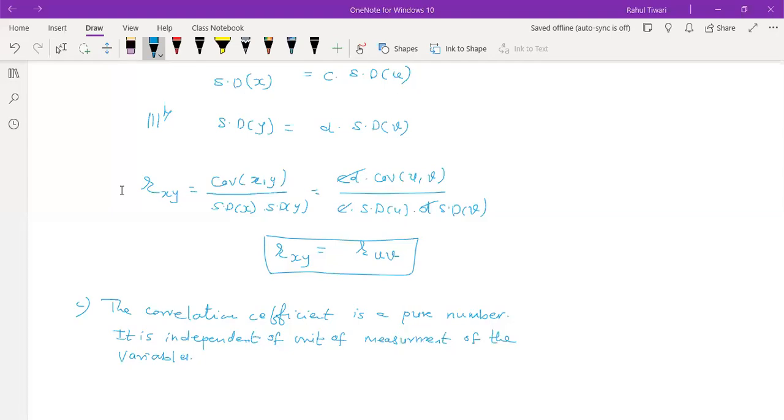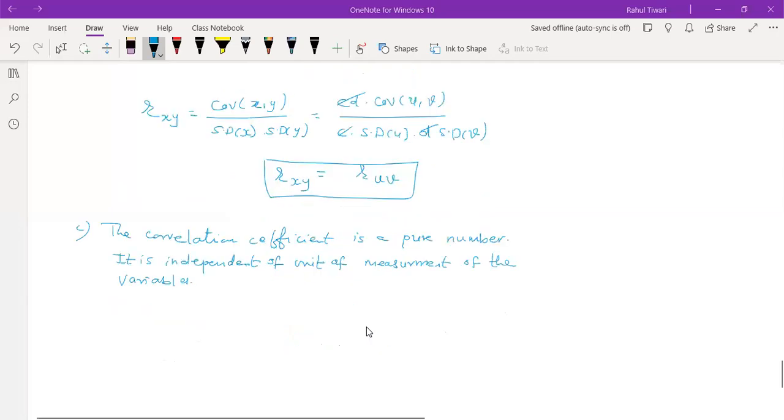So this is my third property of correlation. Let's go to example number 2. Suppose I consider some raw data, roughly raw data, not actual numbers.